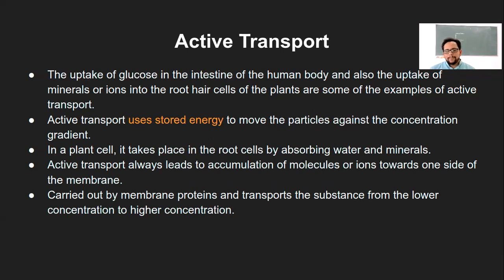Now for example, let's say we have just eaten food, and now it is digested in the stomach, broken down to the finest particles, and it is going through the intestine. Now whatever glucose is there in that intestinal membrane will get transported to some extent by the process of diffusion, right? But only at the start.